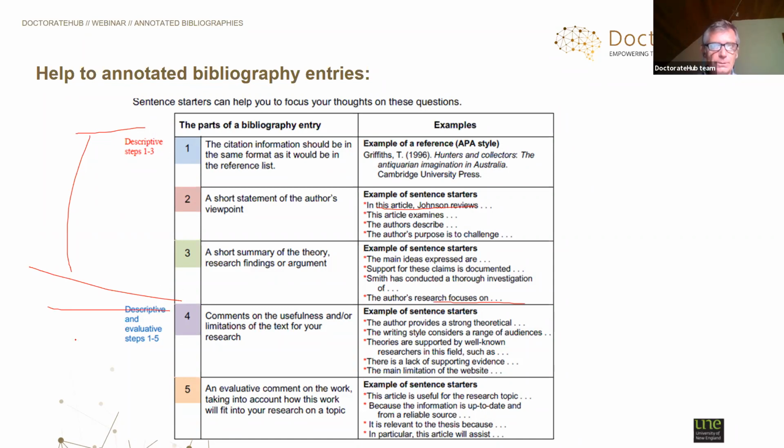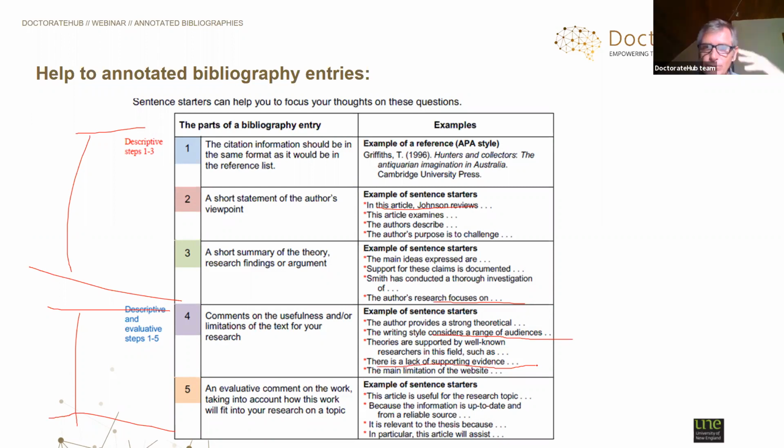And then the important part for the PhD and DBA, definitely, the evaluation. So the comments on the usefulness and limitations of the paper regarding your research. So the author provides a strong theoretical argument, or whatsoever. The writing style considers a range of audiences, or there is a lack of supporting evidence.